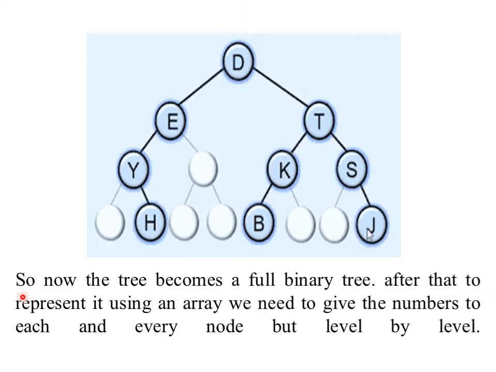After that, to represent it using an array, we need to give numbers to each and every node, level by level. I told that we should go on giving the numbers, always starting from here. That is 0, 1, 2, 3, 4, 5, 6, 7, 8, 9, 10, 11, 12, 13 and 14.